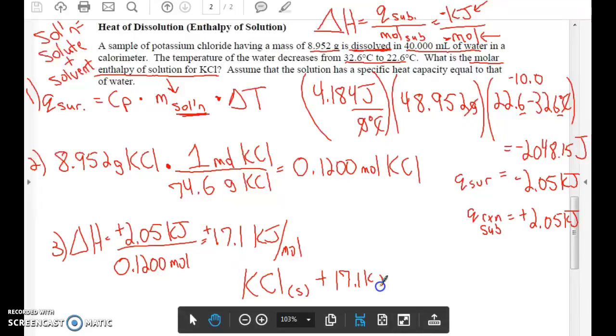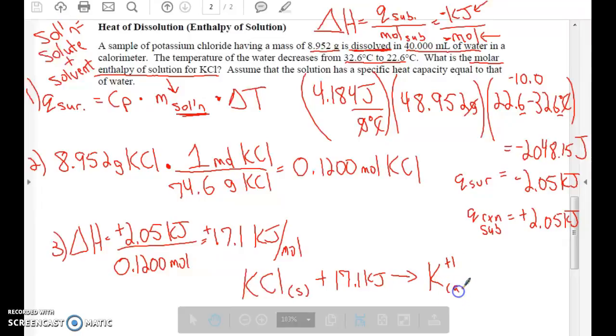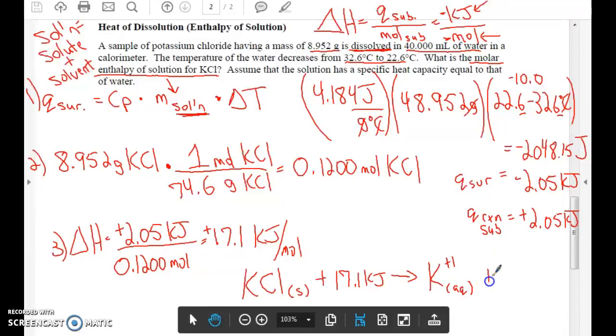So that 17.1 kilojoules, and it's per 1 mole, is a reactant. That causes this potassium chloride to dissociate. You get the ions. Potassium has a positive 1 charge, and since it's dissolving, it ends up in the aqueous phase, so you have AQ for aqueous. And then we also have chloride ion.